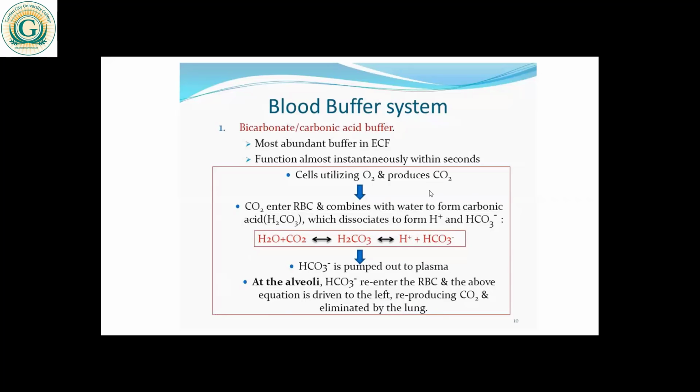So mainly what happens in the blood, and why blood is a buffer system, is that carbon dioxide diffuses into red blood cells, forming carbonic acid. Within the red blood cells, this carbonic acid dissociates into hydrogen ions and bicarbonate ions. Now, it is this bicarbonate that maintains the slightly alkaline environment of the blood.